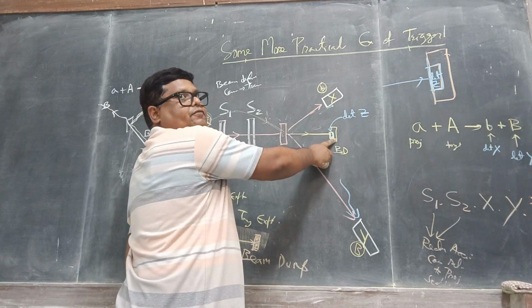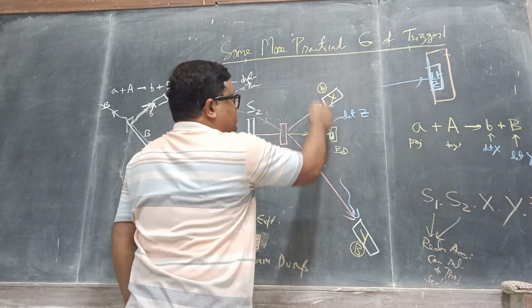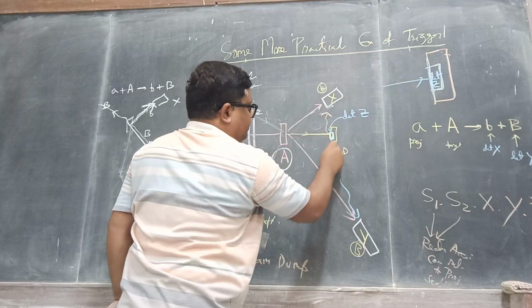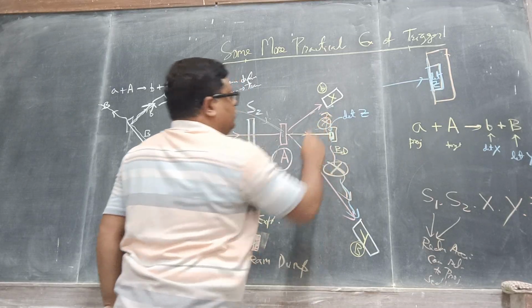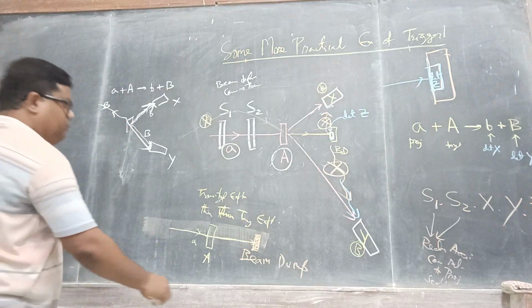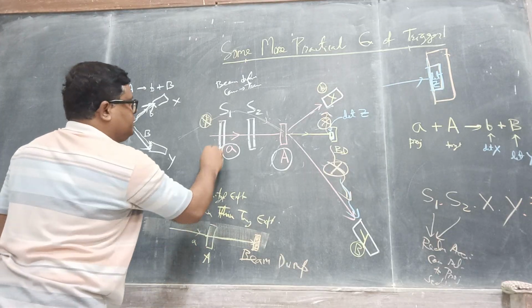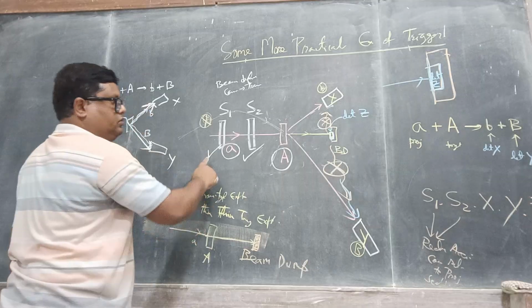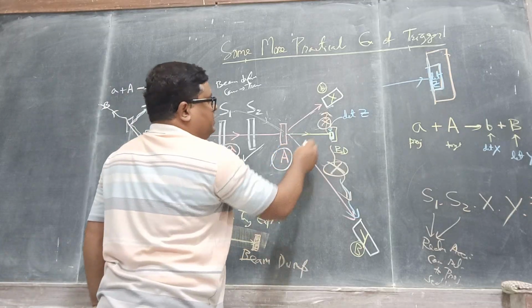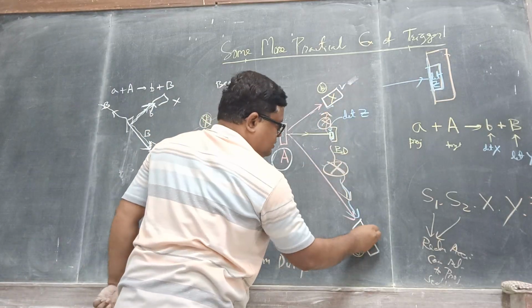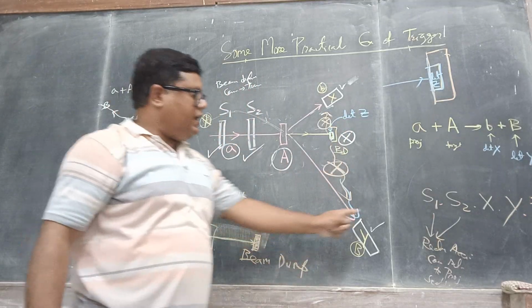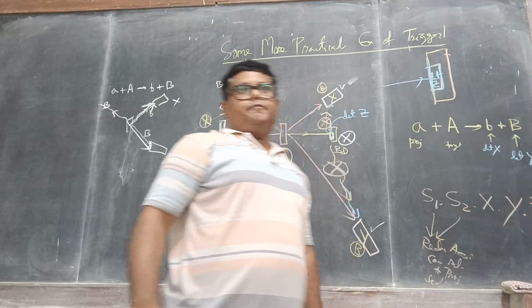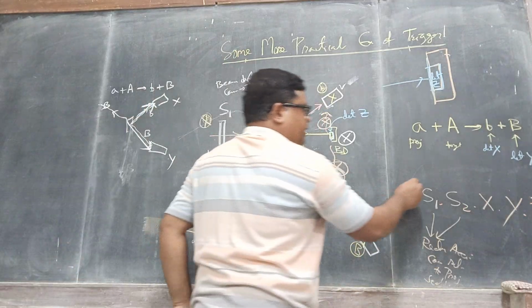Because if there is signal from here, then this means there is some scattering entering my detector, which I don't want. So I want to get rid of it. Out of so many possibilities, I want this count, and again this count, but I don't want a count from here. That's why I have used a bar. So this is your trigger.